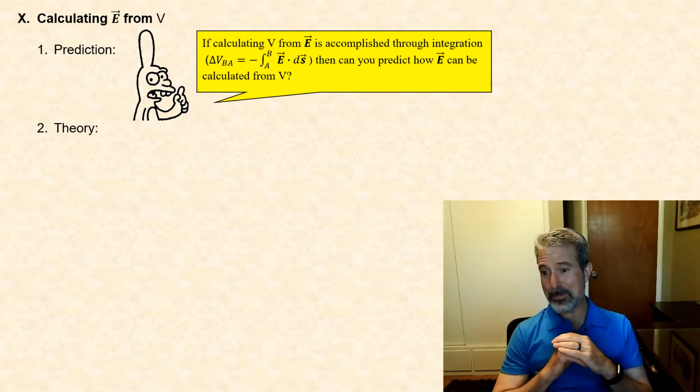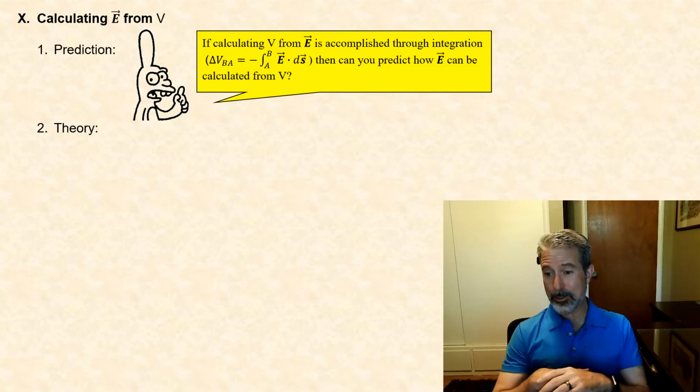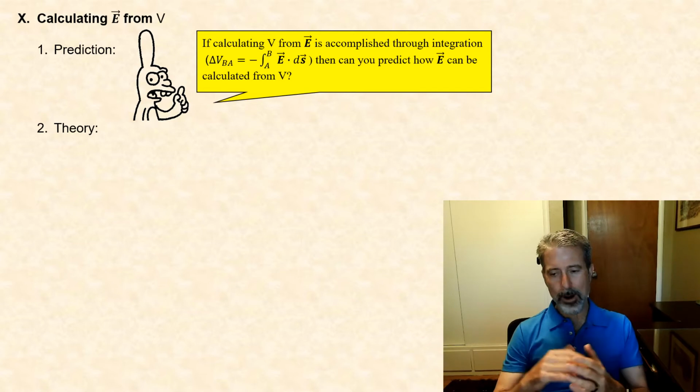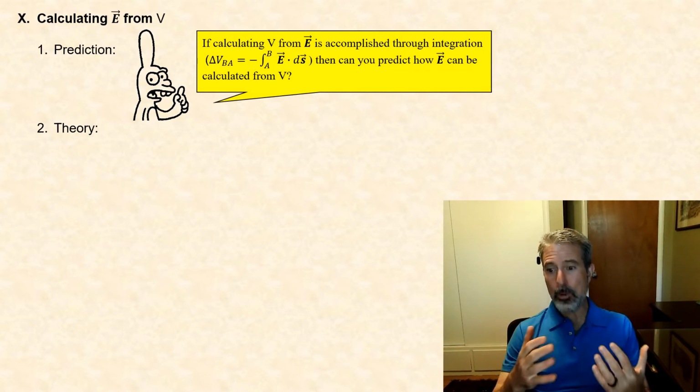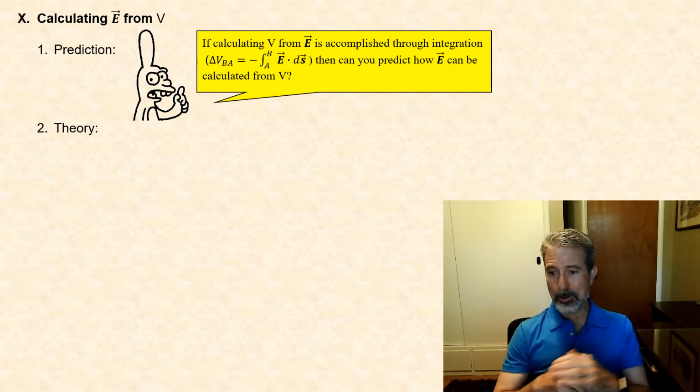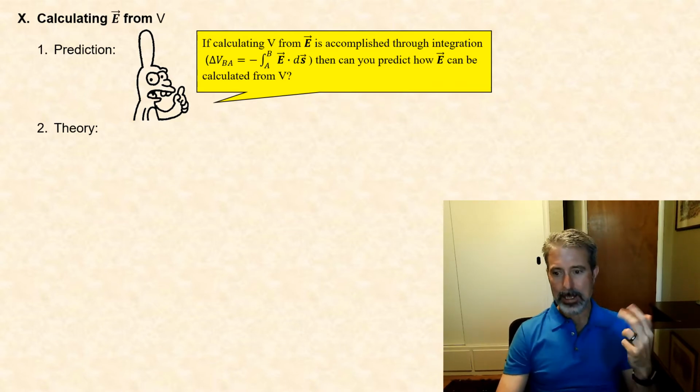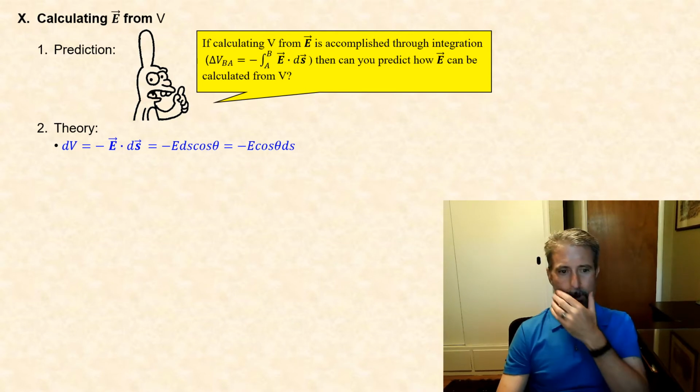If the electric potential and the electric potential difference is defined to be the integral of an expression incorporating the electric field, then perhaps, going the opposite way, according to what we know about calculus, we would be differentiating. Let's see how this works out in theory.